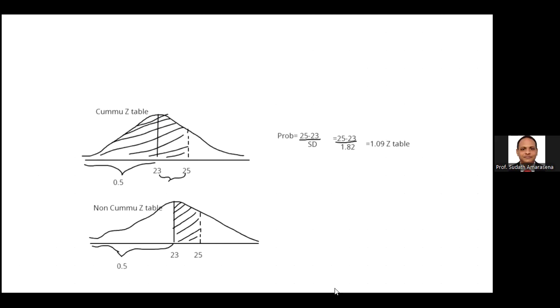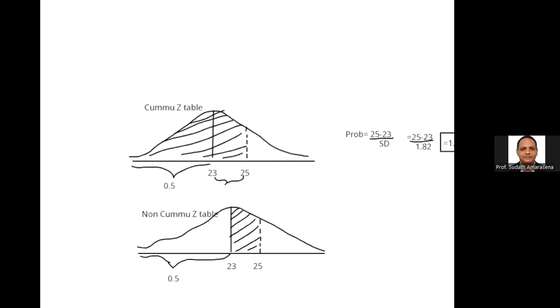Now we should check the Z table, which value? We should check 1.09. Okay, I will share the Z table now. I would like to share that the cumulative table is mentioned and also shaded including 0.5 as well.